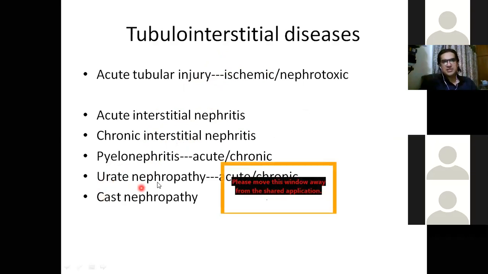And then we discussed urate nephropathy, right? Acute urate nephropathy and chronic urate nephropathy, right?